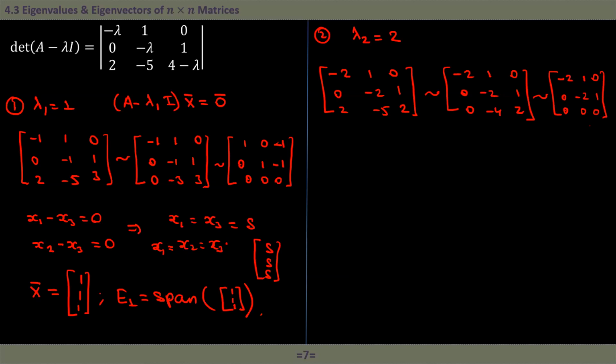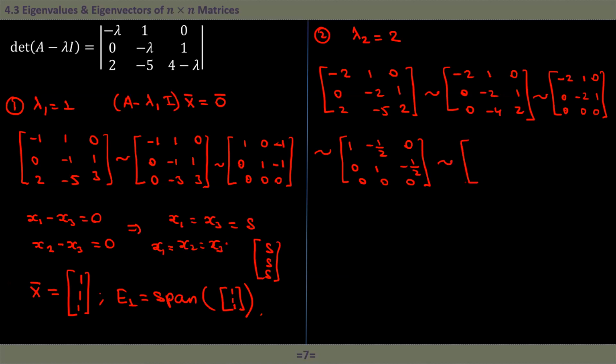Okay. So one more, since I'm trying to reduce this to reduced row echelon form, multiply the first row by negative 1 over 2. So here we have 1, minus 1 over 2, 0. And here we have 0 multiplied by minus 1 over 2, 1, minus 1 over 2, 0, 0, 0.